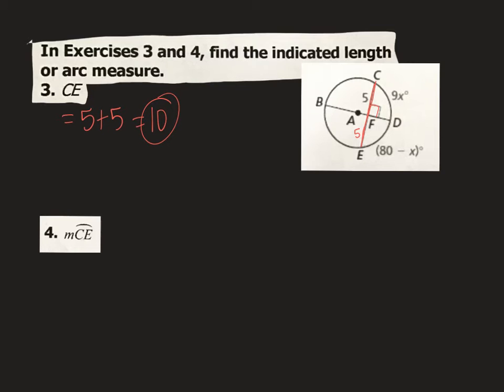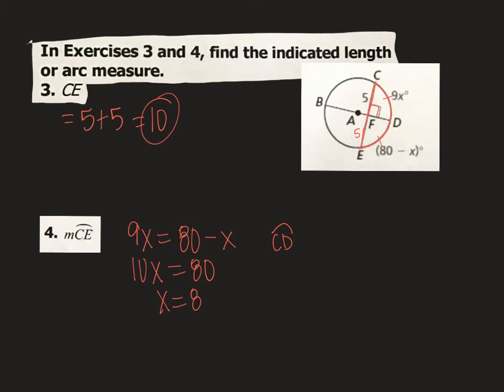Now, when we look at the measure of arc CE, we have a little more work to do. We know that CD and DE are going to be congruent to each other from that theorem. So we know 9x is going to equal 80 minus x. So we add our x over and divide by 10, which is going to give us 8.